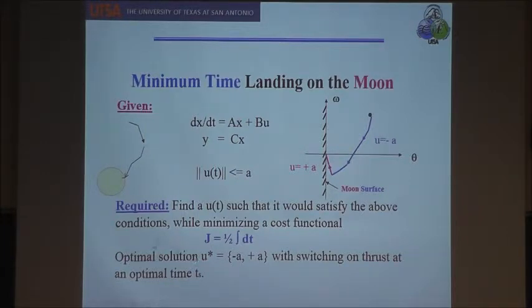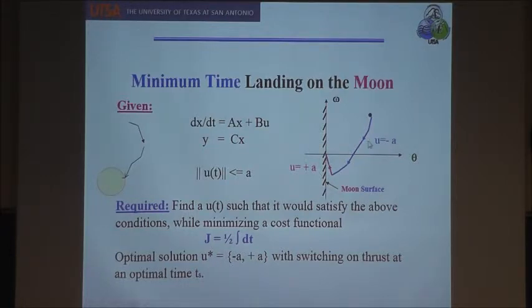The optimal solution is -A, +A, meaning that you come first to the maximum negative quantity on the thrust, then somewhere in the middle, which is the switching point, which can be predicted through the theory of optimal control, from initial time to final time, you switch full force into the positive thrust and you land on it.